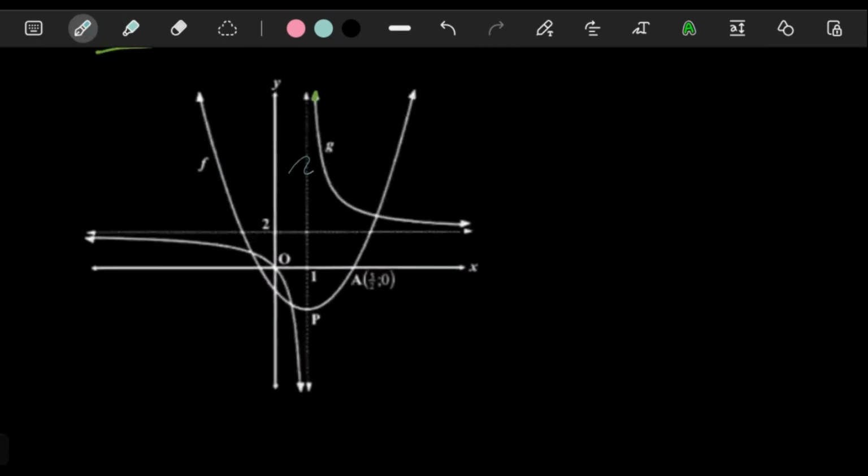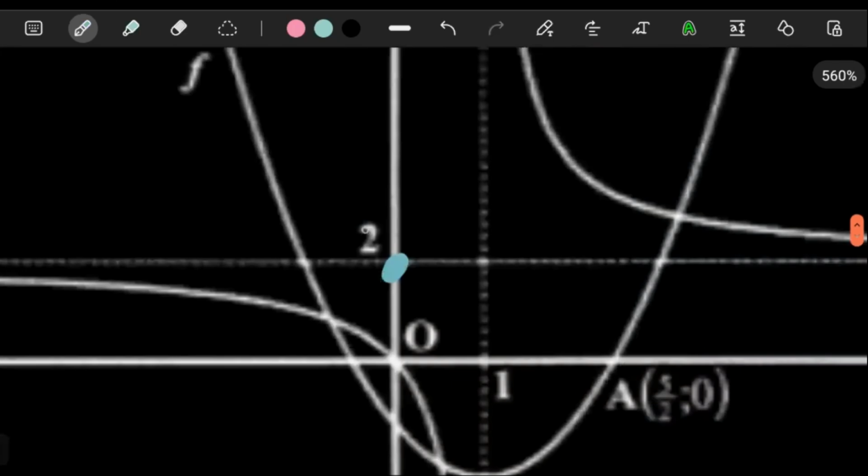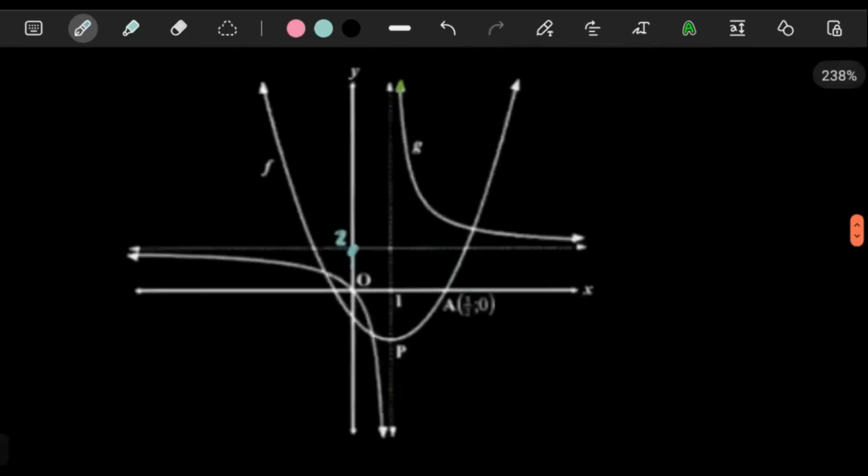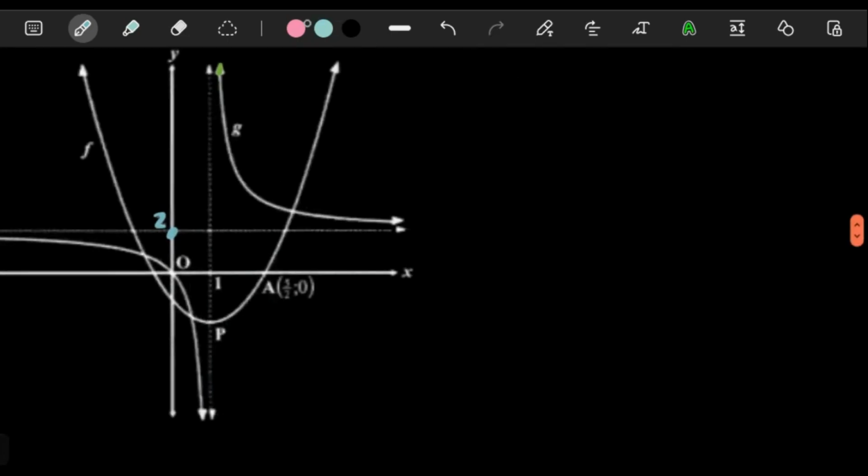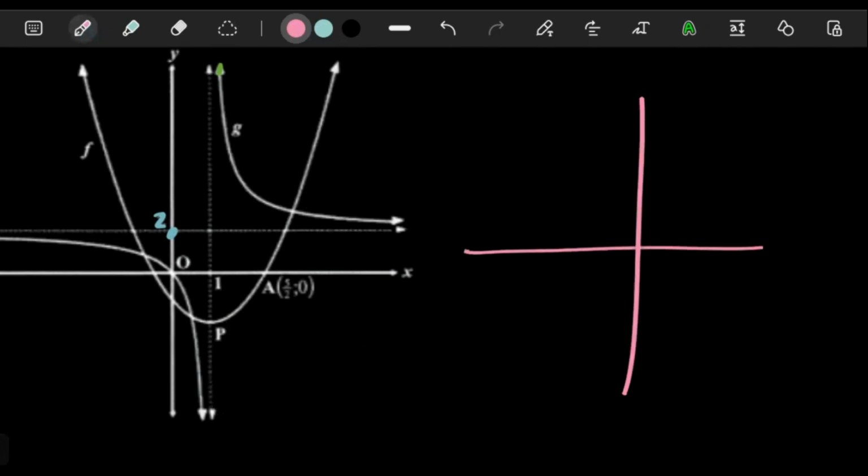So the idea is, if you move your graph at least 2 units downwards, if you see here, your y asymptote is originally at 2. So what that means is, if you move your graph only 2 units, your hyperbola would look something like this. You'd have your Cartesian plane here.